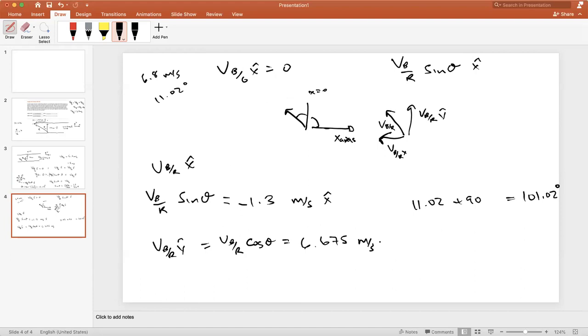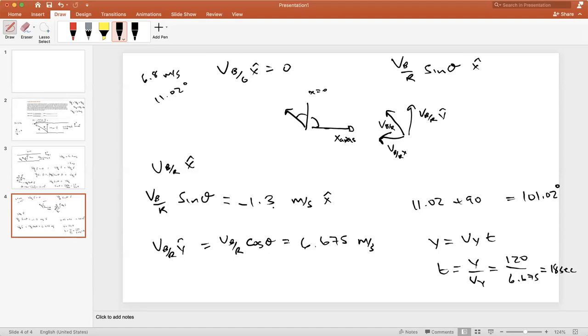Now, if we want to know the time that it takes them to get across, we just have to multiply this by time, right? So the y is v in the y times t, or t is y over v of y. And we said y was 120 and this was 6.675. So 120 divided by 6.675 is about 18 seconds, okay?